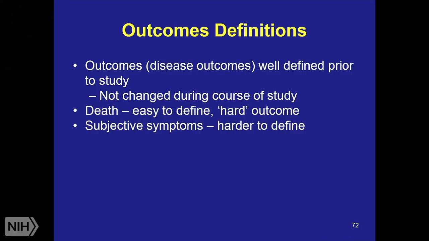All right, back to this. Your outcomes. What is disease? Death is easy to define. Everything else is hard. Or rather, not hard. It's subjective. So when does your cancer get diagnosed? That depends a lot on where you live, how much money you have, and if you do or don't have insurance and how good it is.